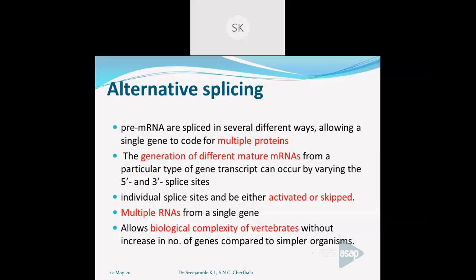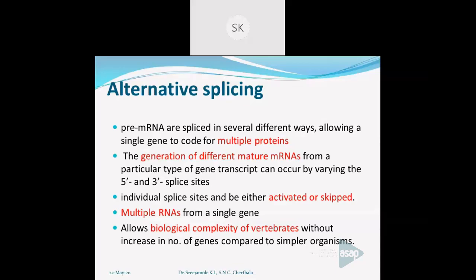So the generation of different mature RNAs from a single pre-mRNA occurs by varying the splice site, that is the 5' and 3' splice site. The individual splice site can either be activated or skipped. If the splice site is activated, that exon will be removed.